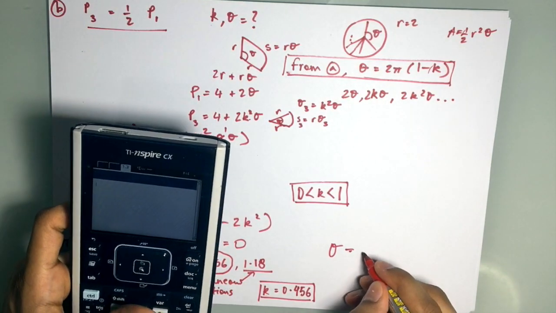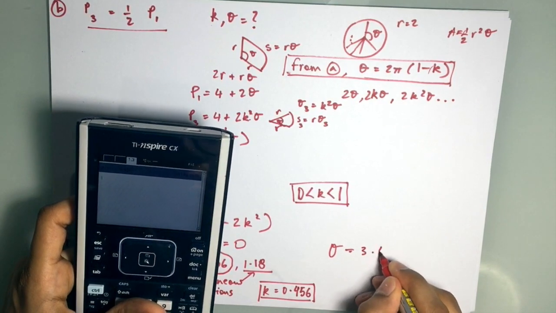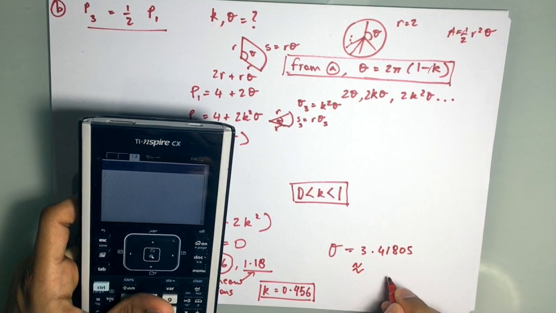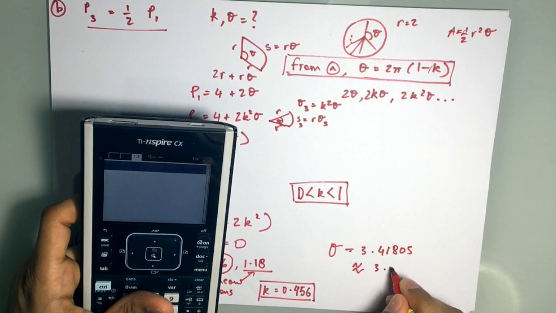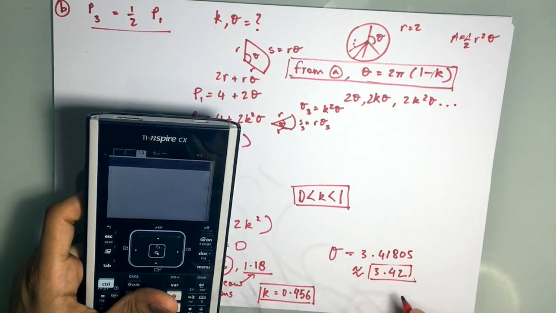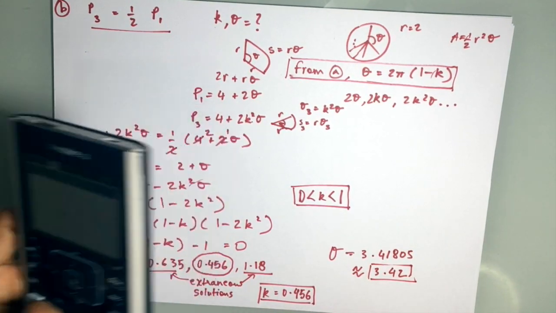Yes, and I get 3.41805. So 3 sig fig would be 3.42. So that is our answer for part B.